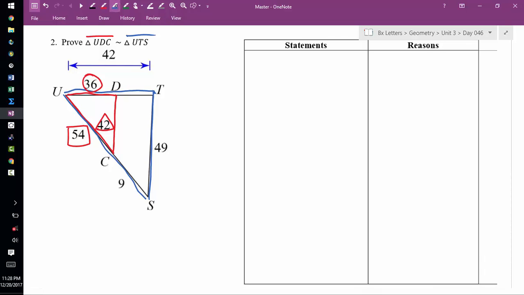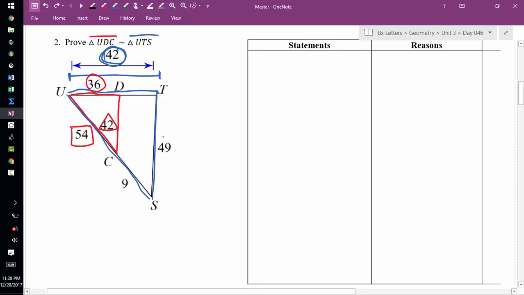I can see that 36 is going to correspond to this entire side, UT, which they're saying is 42. I can also see that this 42 here is going to correspond to that 49. So triangle that. And then the last side, that 54, which is right here, well, that 54 will correspond to this entire length.